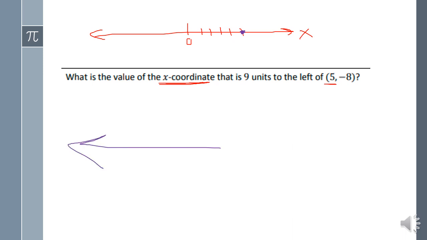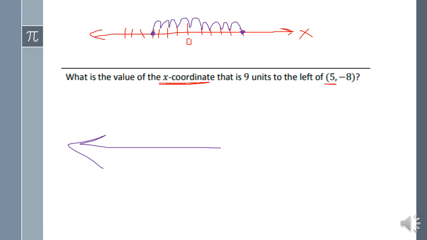And I'm going to go ahead and just bunny hop 9 units to the left and see where we end up. But let me make sure I have enough ticks. Okay, so 1, 2, 3, 4, 5, 6, 7, 8, 9. So 9 units to the left would put me here.